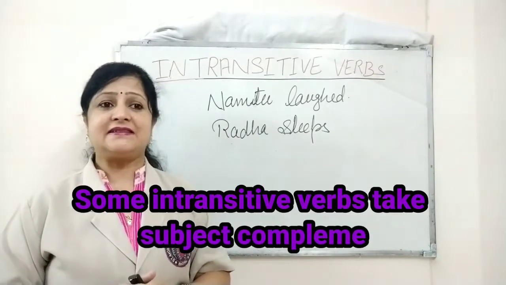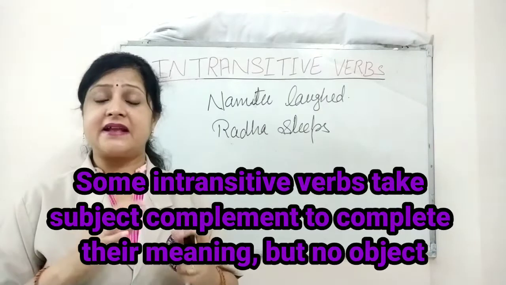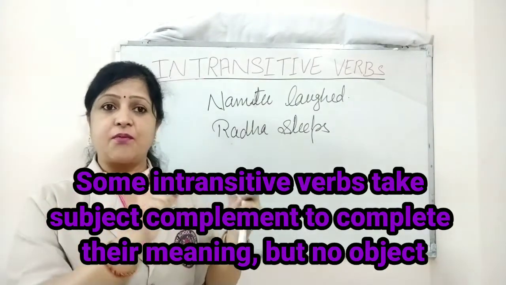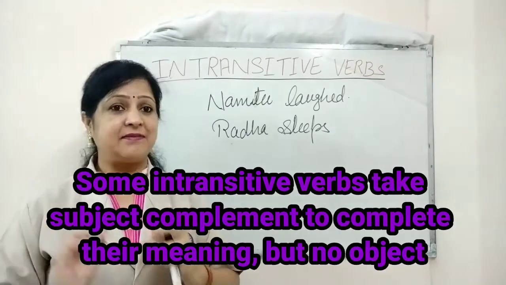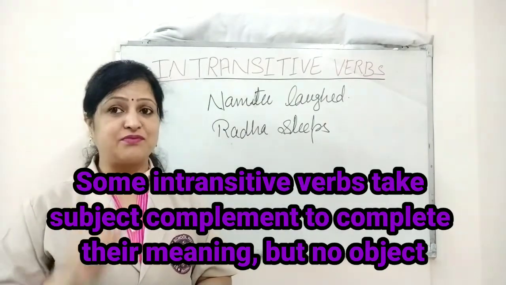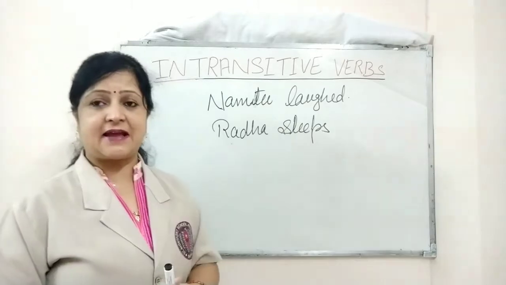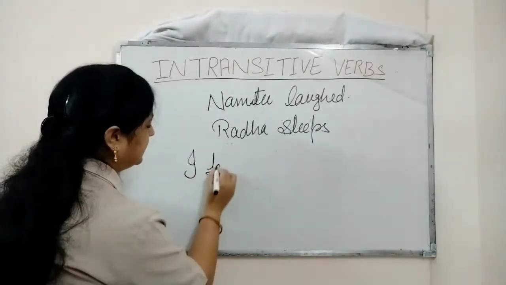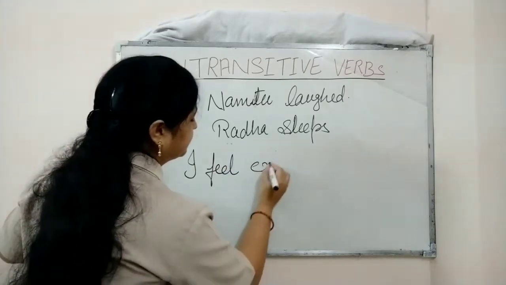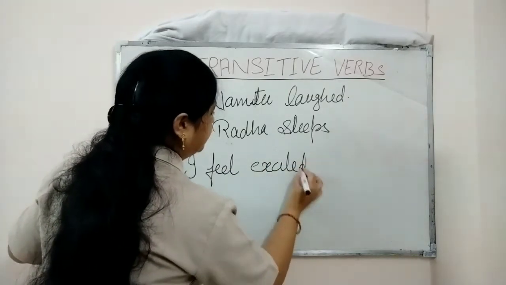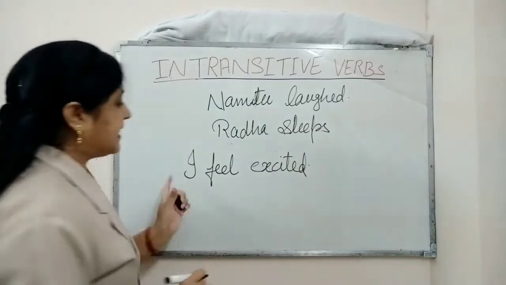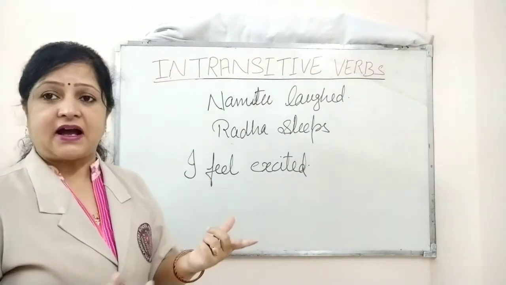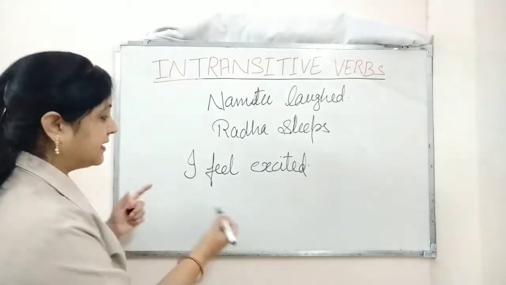So some intransitive verbs take subject complements. What I said? They take subject complements to complete their meaning, but no object. So let's take one example to understand it. I am writing here, I feel excited. So what I said? I feel excited. So here, how do I feel? I feel how? Excited.